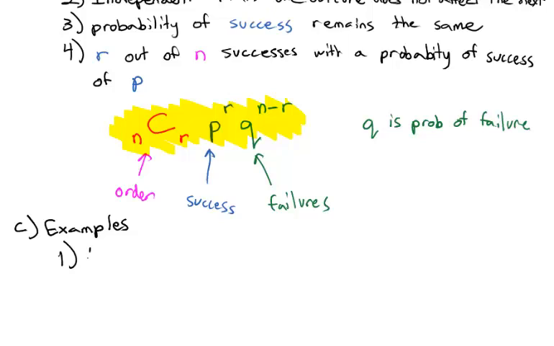Starting with a factory that finds 2% of its widgets are defective.